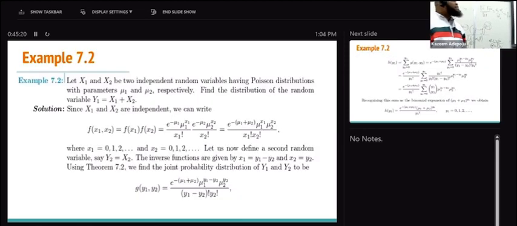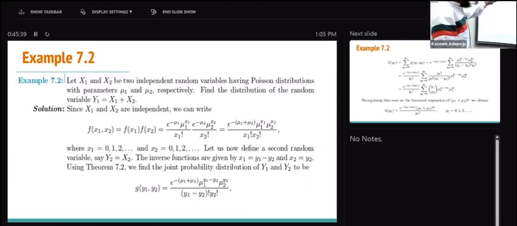In the example right here, let x1, x2 be independent. Take a look at that. They're going to tell us the distribution. They said x1 follows Poisson, x2 also follows Poisson, the first one with mu1, the second one with mu2.